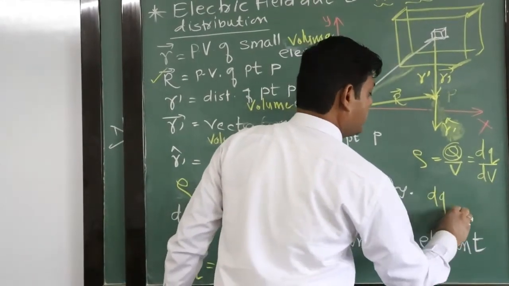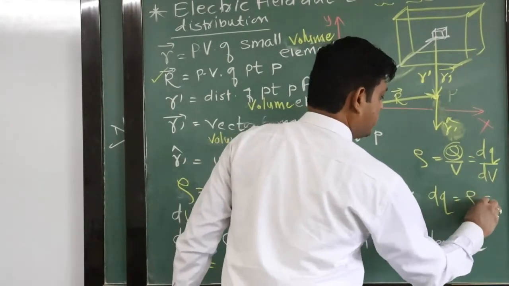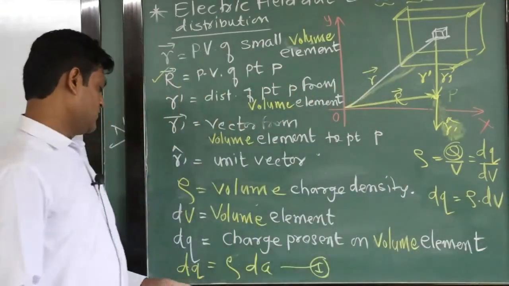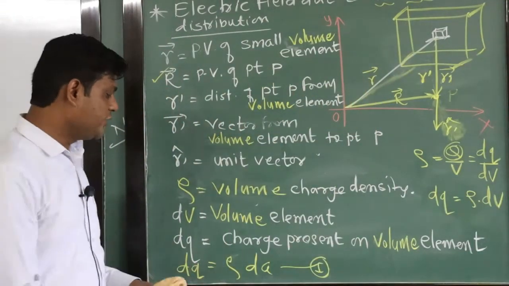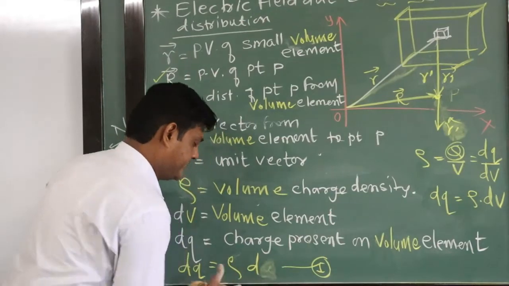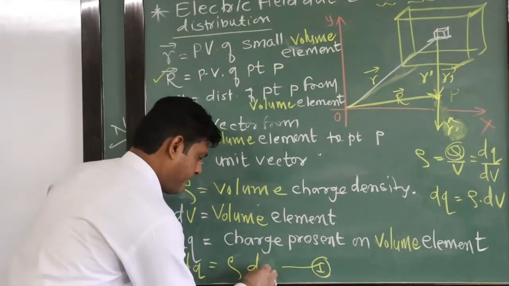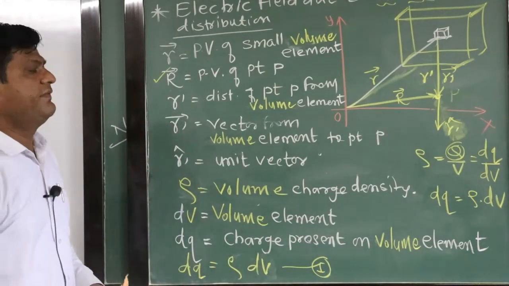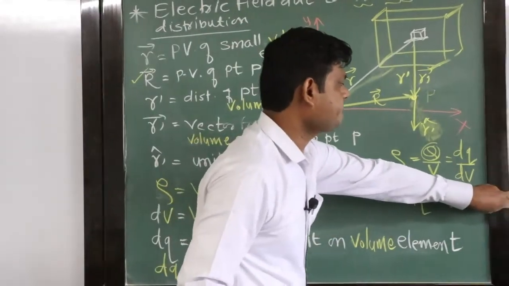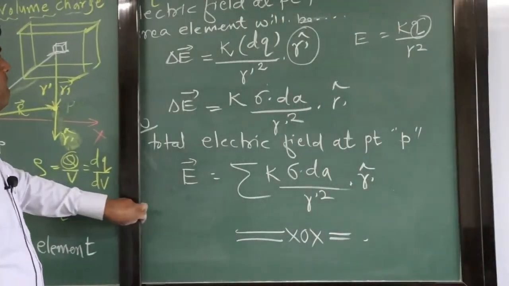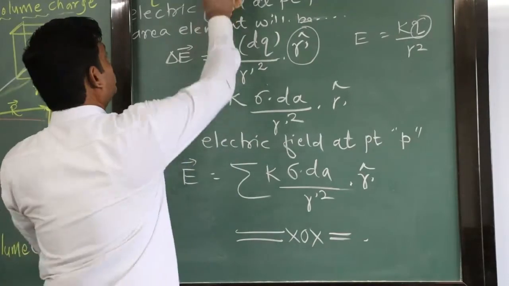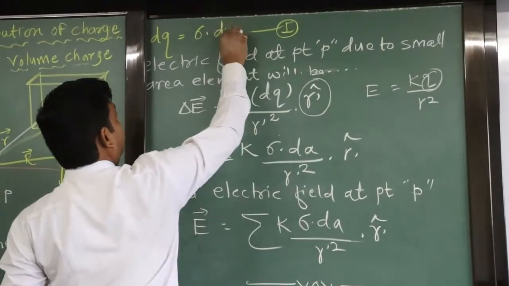So dq equal to what? Rho into dV. So dq equal to rho into dV. Next, dq equal to rho into dV.